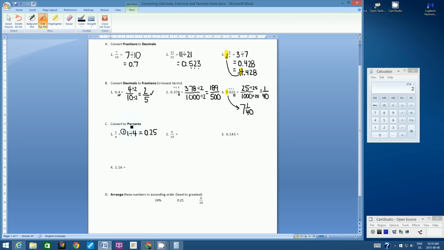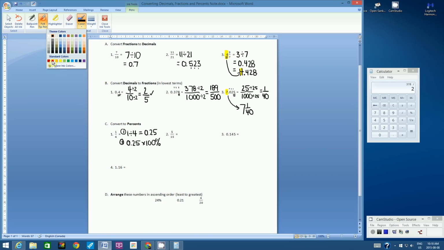Now, we're not finished because we've got to go one step further and make it into a percent. Okay? So, in order to change a decimal into a percent, it's very simple. We take the decimal and then we multiply it by 100%. Now, we practiced this skill just a little while ago.